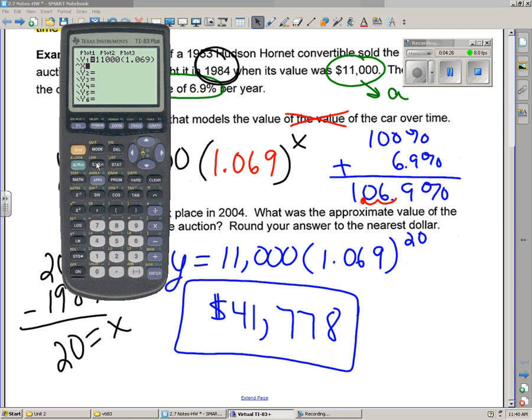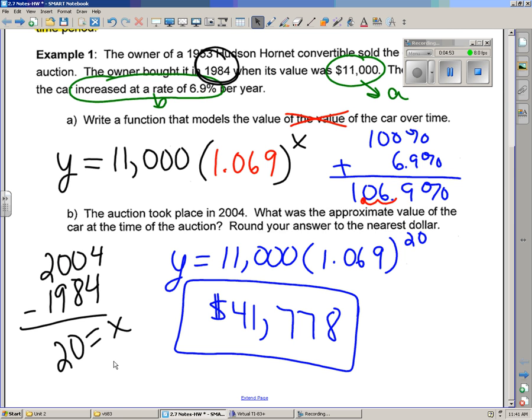Then what you do is you go to your table of values, second graph, and you go down the x column and you say, well, where is 20 years? And 20 years is right here. And in 20 years, here's your answer, $41,778. Either way is just fine on the calculator. Use it as a function this way, or do it on your home screen that way, doesn't matter.